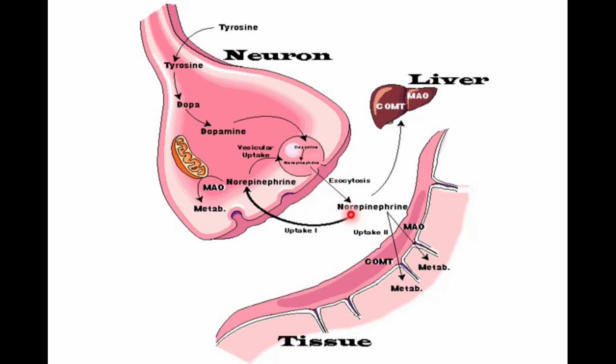Noradrenaline release occurs by calcium-mediated exocytosis from varicosities. Noradrenaline interacts with its receptors within the synaptic cleft.